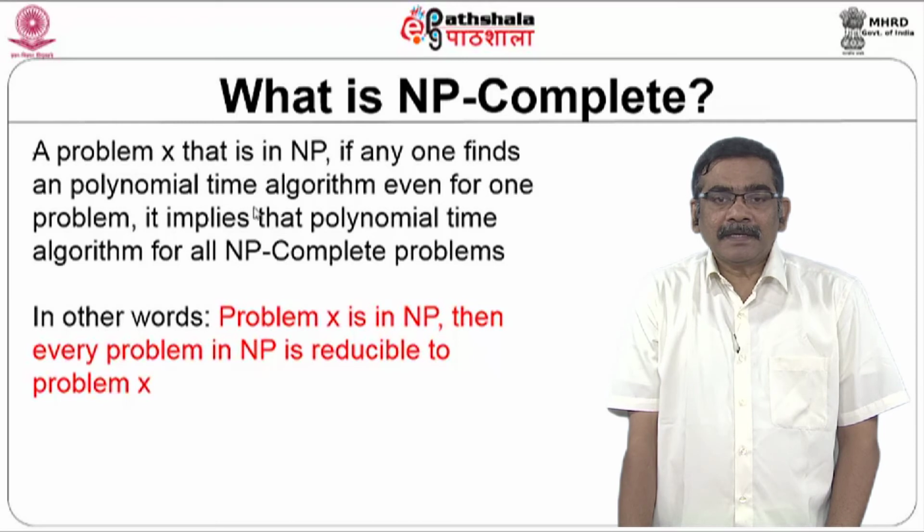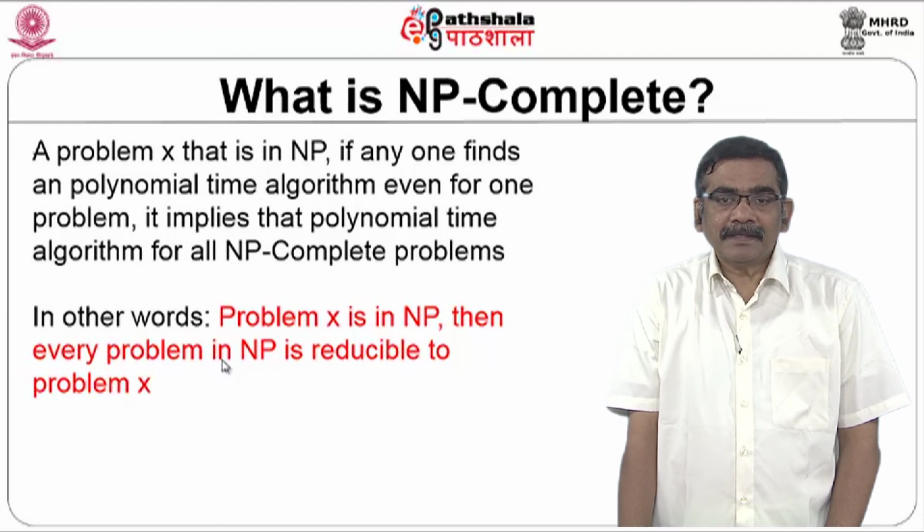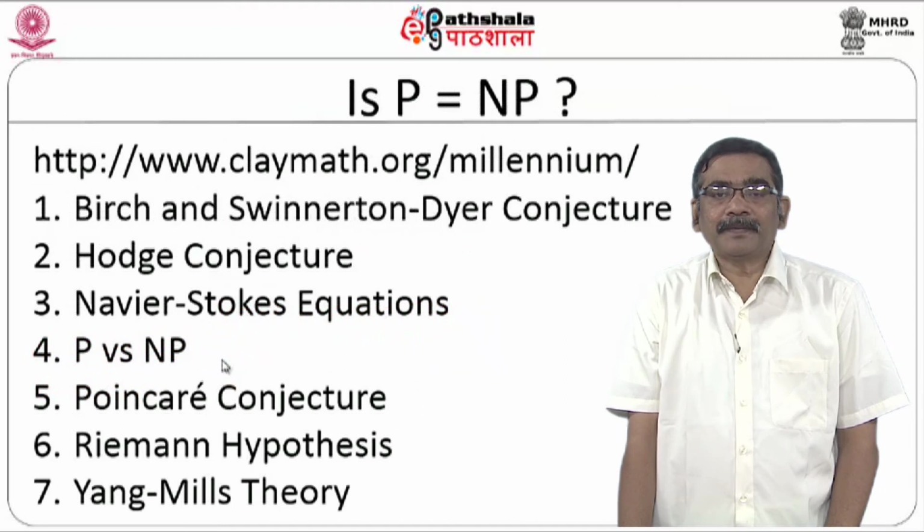And we can also say that the problems in that complete set are so related that one problem can be reduced to another problem in polynomial time. So, the difference is very simple. NP-complete is a set of problems that are well related to each other. Each problem can be reduced to another problem, and if a solution is obtained for one problem, then the entire problem set will vanish. These kinds of problems are called NP-complete problems.